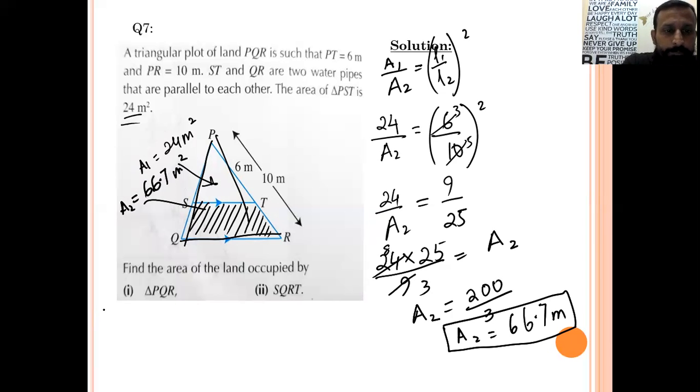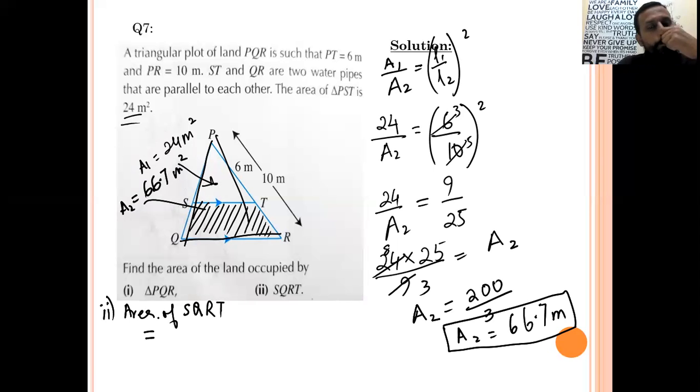Part 2. Area of SQRT is equal to the area of the big triangle, 66.7 minus 24.